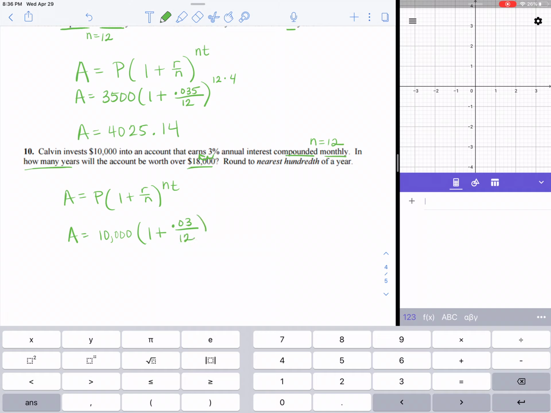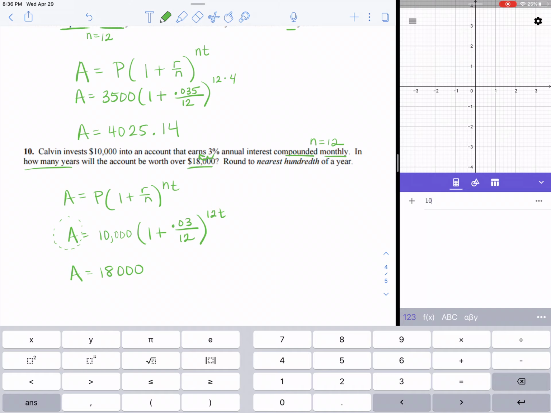We said 12 to the NT power. The T here is the unknown. That's where the variable is in the exponent. The new amount, instead of plugging it in there, I plug it in that we want the new amount to be $18,000. Then I'm going to plug the two functions into the calculator.